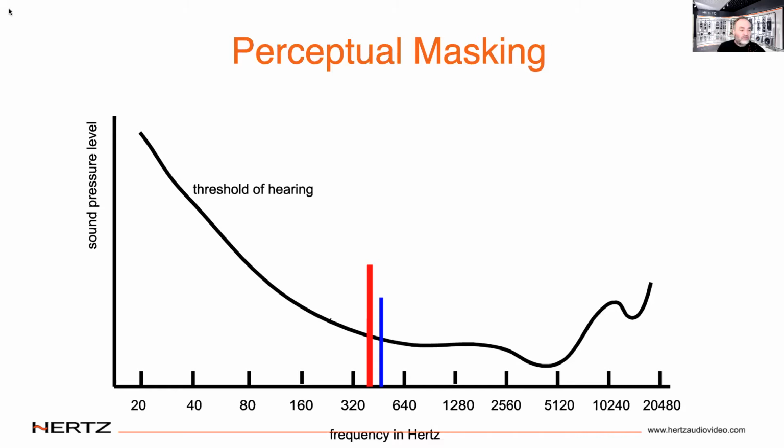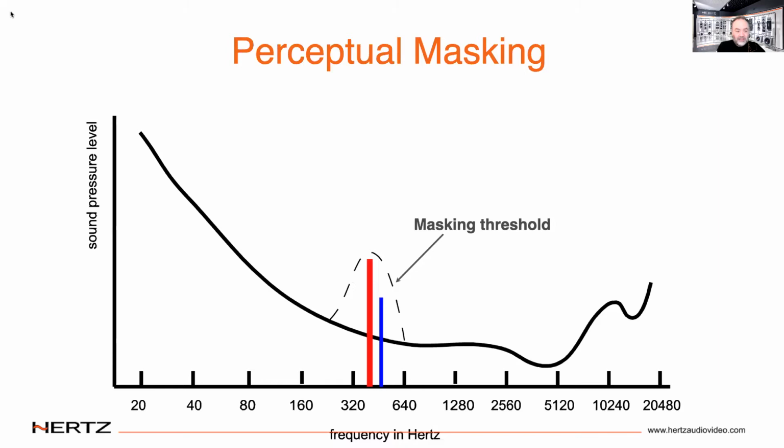But because of how close they are to each other in the frequency range, they are within what we would call the masking threshold. And what that means is that the quieter note is covered up by the louder note. Even though physically our ears are detecting its presence, our brain cannot pick out that it exists. It's as if the musician never played that note.